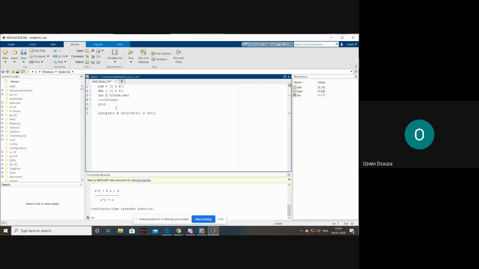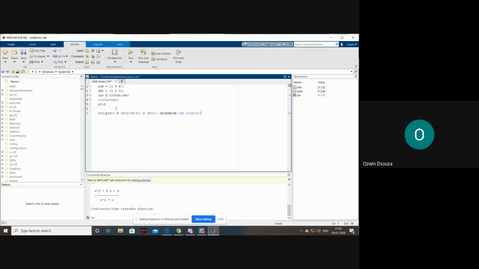For the given system shown below, determine the stability. So this is the question.